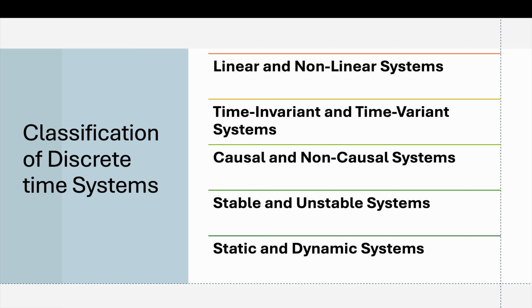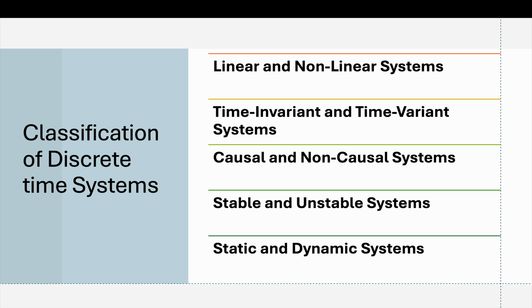It has to obey the rule of additivity. It has to obey the rule of homogeneity. Then we can say that a system is linear. If this principle is not obeyed by a system, then we call it a non-linear system.